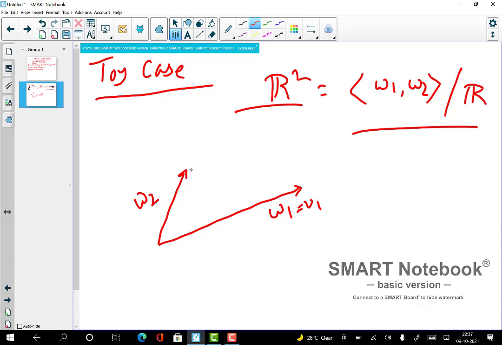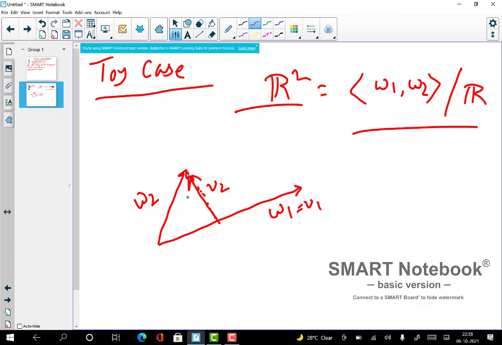So the natural choice will be this vector, because this vector is perpendicular, right? Suppose this is my vector v2, and then you can see that v1 and v2 are perpendicular, and obviously once they are orthogonal, they are linearly independent. That is already proved in our last lecture, right?